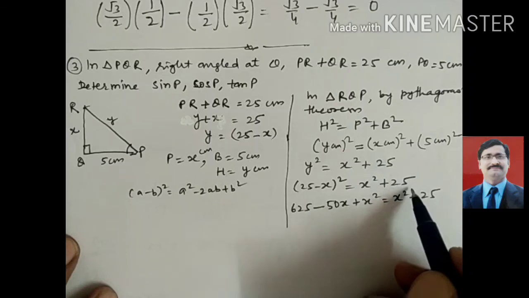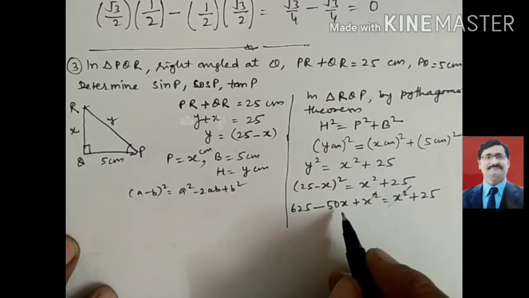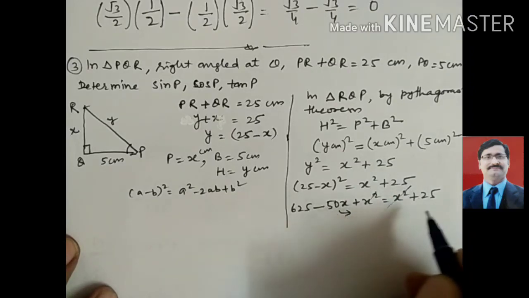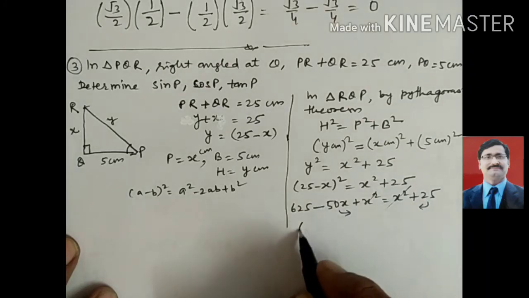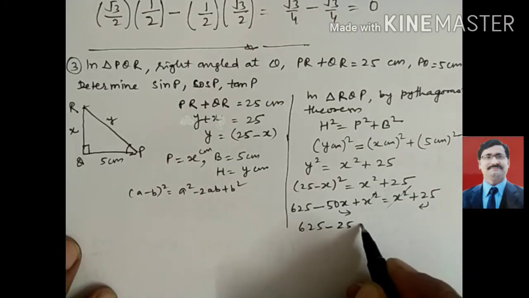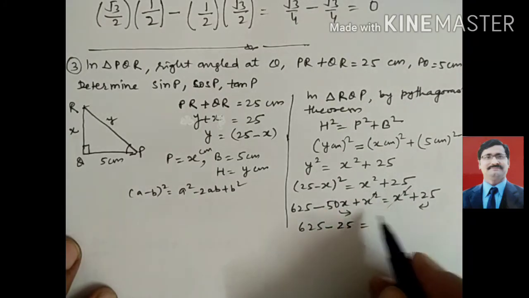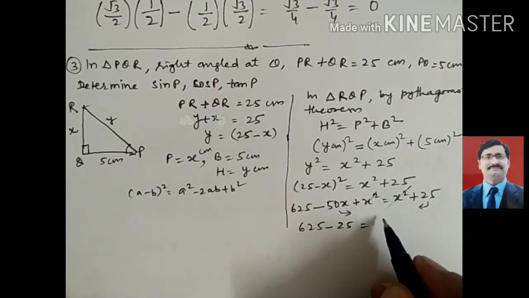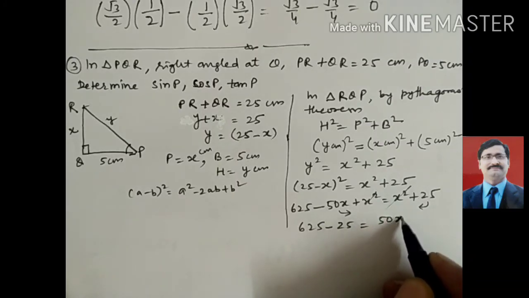Now X square you can cancel. This 50X you can transfer to the right hand side and 25 you can transfer to the left hand side. 625 minus 25, and 50X becomes plus 50X on the right.